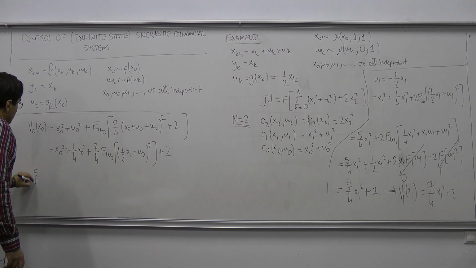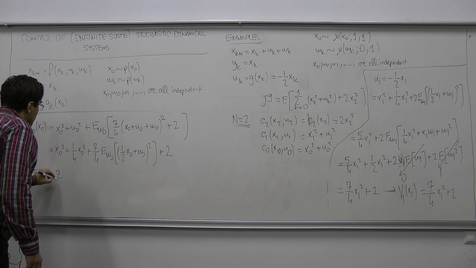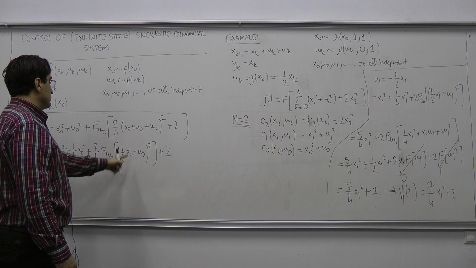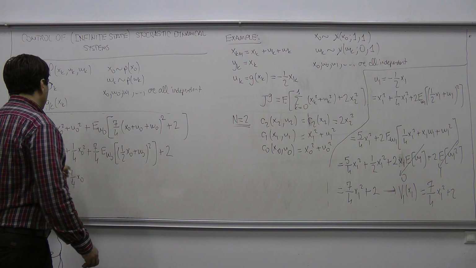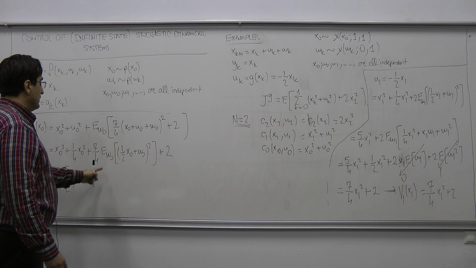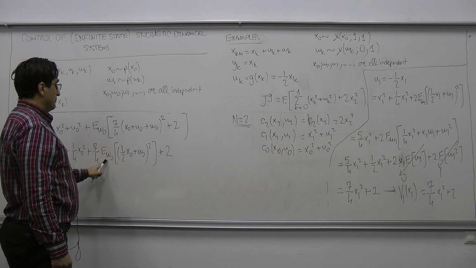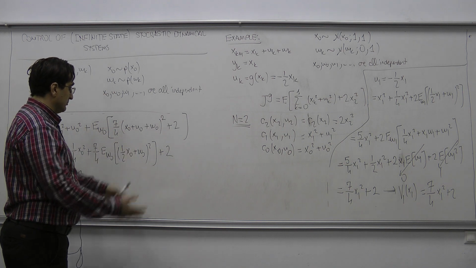I have 5 over 4 x0 squared plus 7 over 4 times parentheses here. I would have 1 over 4 x0 squared, which is going directly outside the expectation. And then I have the expected value with respect to W0 of the multiplication of these two times 2.